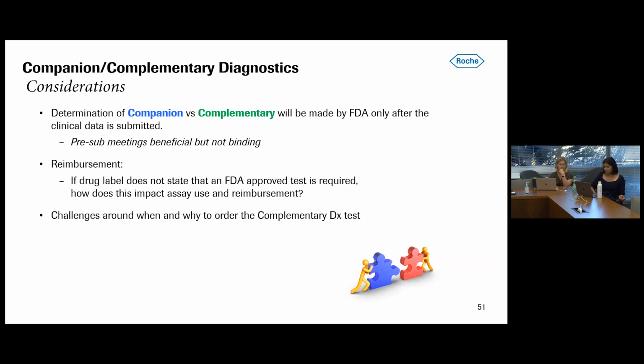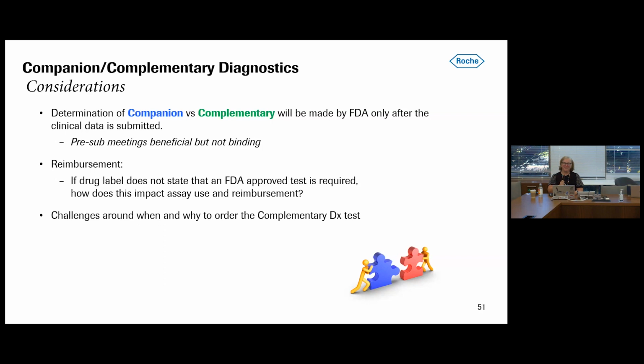Right, so yeah, I've just put a couple things for thought. Yes, that's exactly right, Priti. The reimbursement is an important discussion to have from a commercial perspective. So for example, if the diagnostic test is not required for prescribing the drug, perhaps the test will not be reimbursed at all.